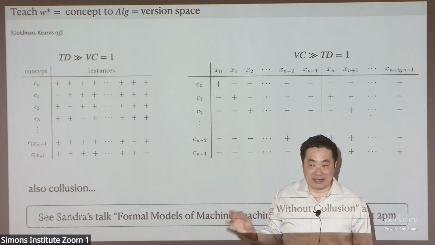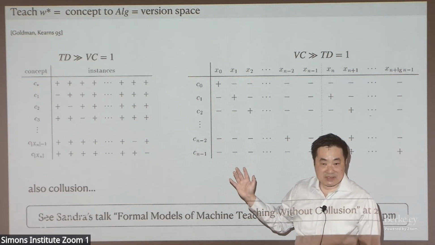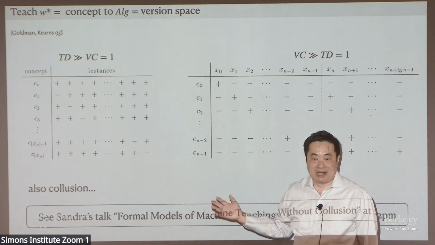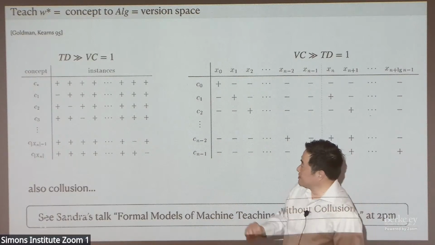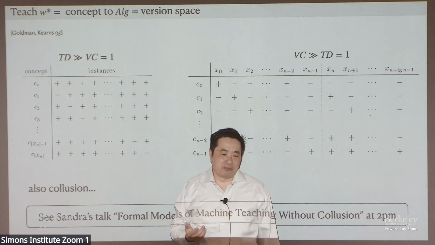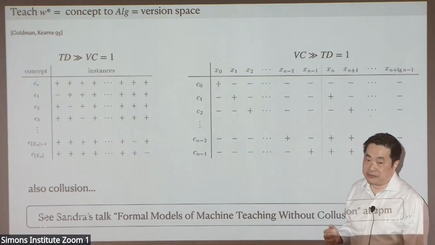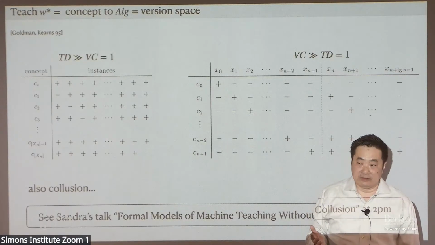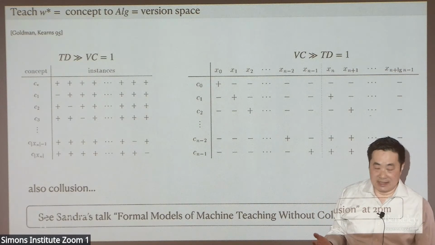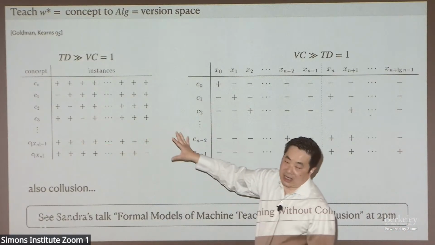So the teaching dimension in this case for the first concept is going to be the number of items, which you can make as large as possible. In contrast, this is such a diagonal, such a poor family of hypotheses, it cannot really shatter two points. So the VC dimension is just one. So you have this instance where teaching dimension can be arbitrarily larger than the VC dimension.